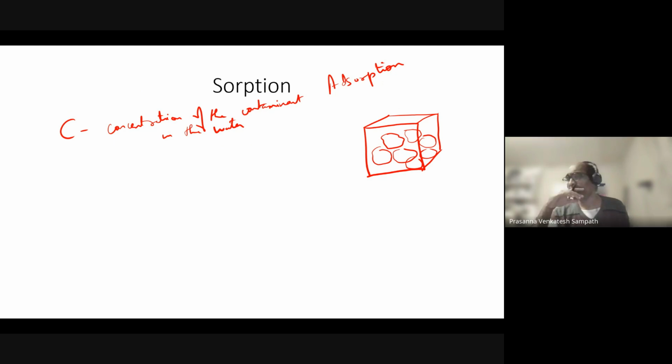You can think of it like this. Let us say, well, just now we had Diwali and all of that, right?